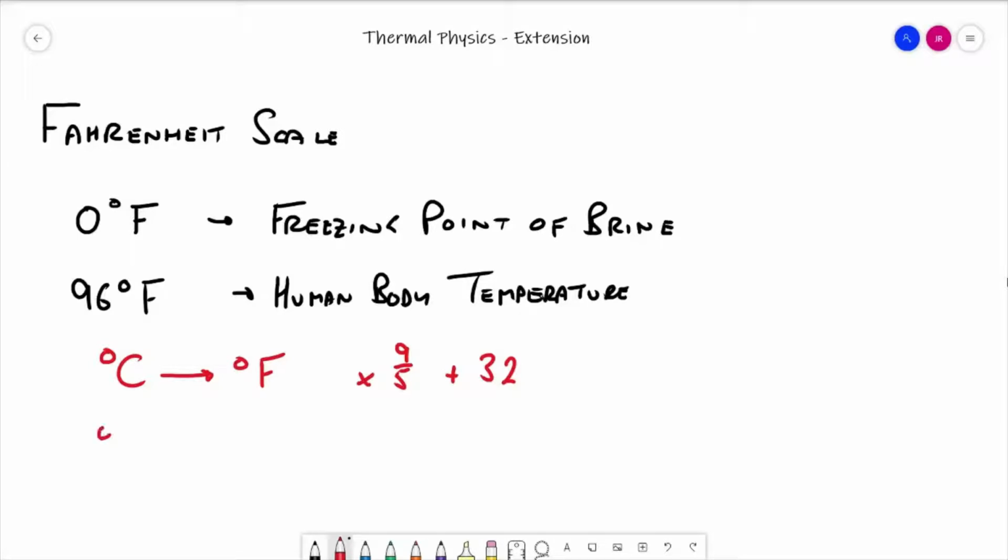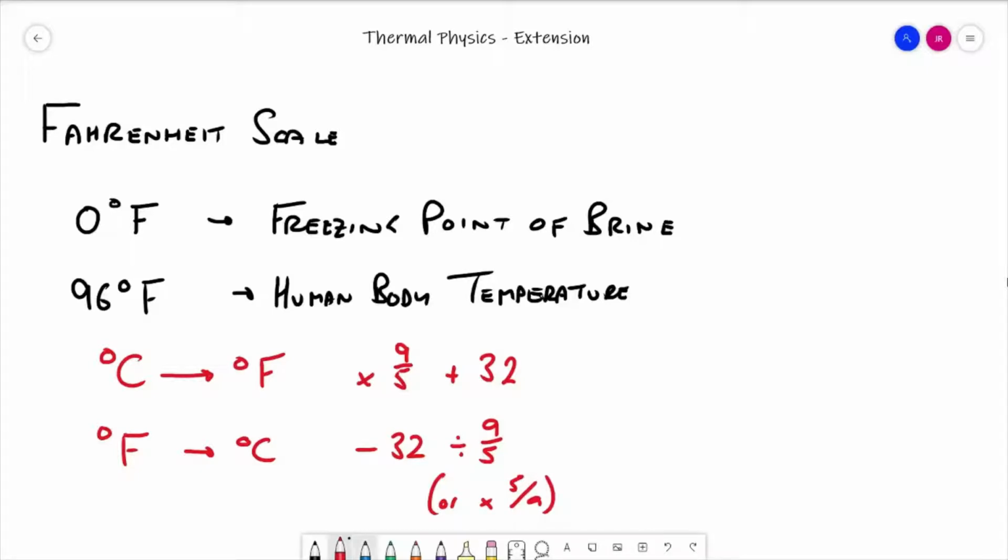In order to go from degrees Fahrenheit to degrees C, we're going to do the opposite, so we're going to subtract 32, and then we're going to divide by 9/5, okay, or of course you can multiply by 5/9.